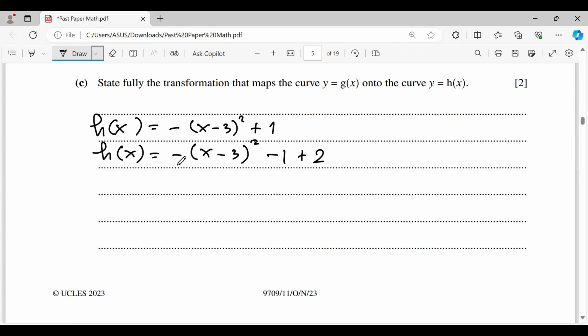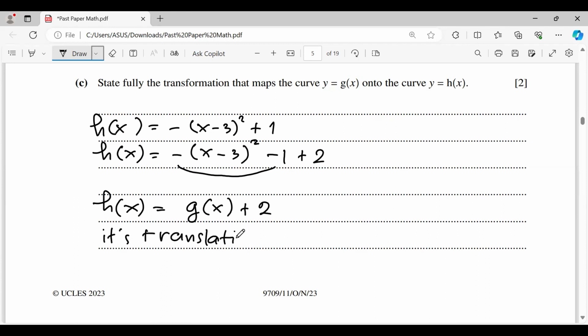Recall that g(x) equals minus (x minus 3) squared minus 1. So it means h(x) equals g(x) plus 2. So it's a translation by (0, 2). Look at this. Positive 2.